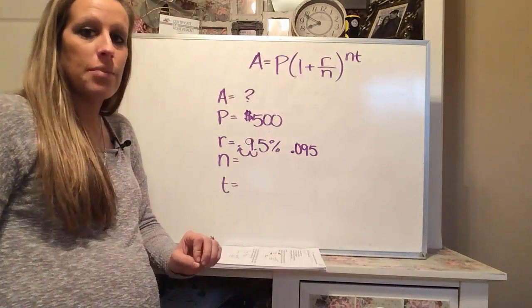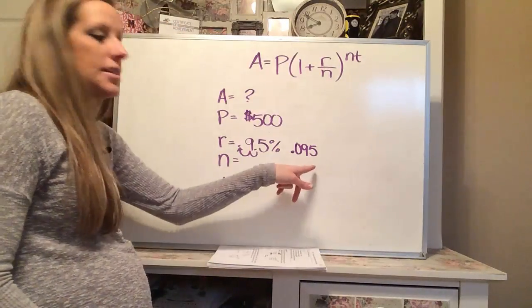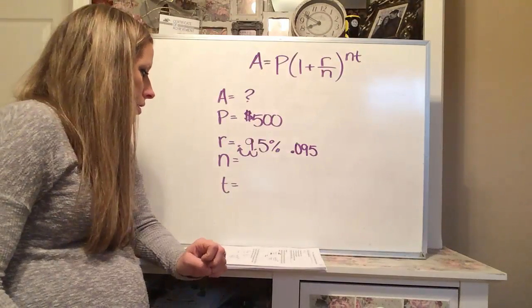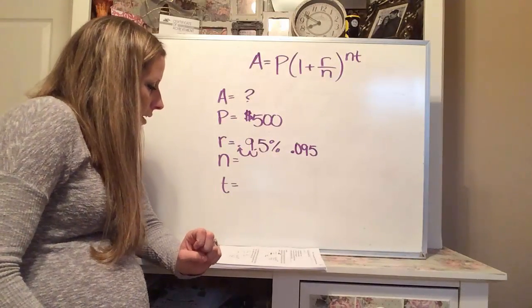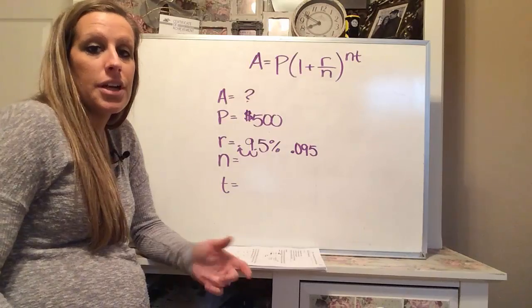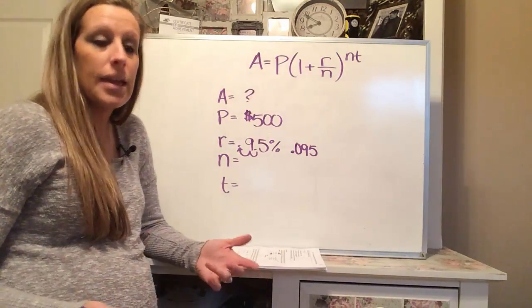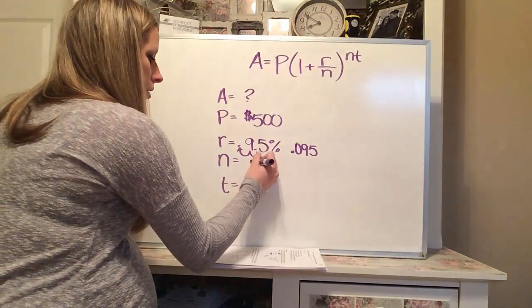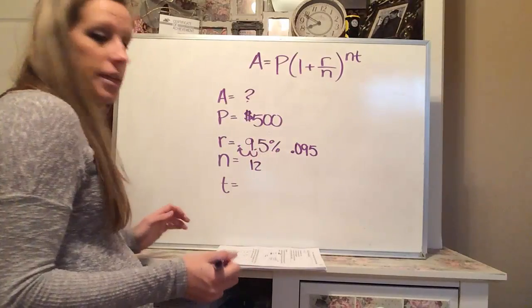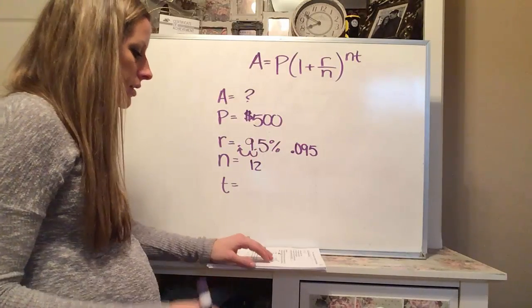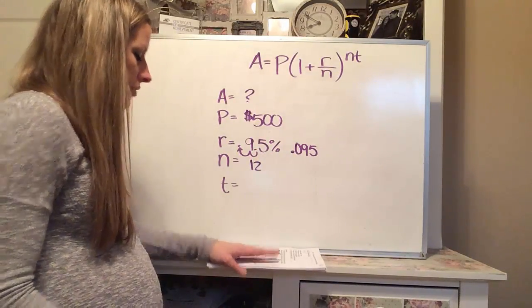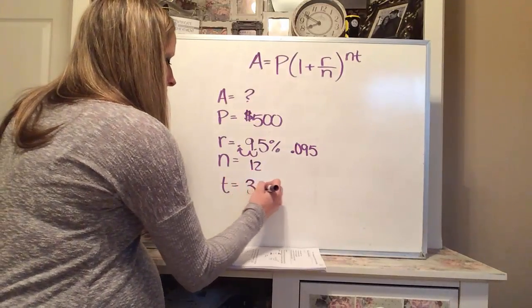I'm not going to use the 9.5. We want it in decimal form. Okay, my N is the number of times it happens per year. So if it's compounded monthly, it happens 12 times a year. T is the amount of time, and it tells us we want to figure out after 3 years how much money is in that account.